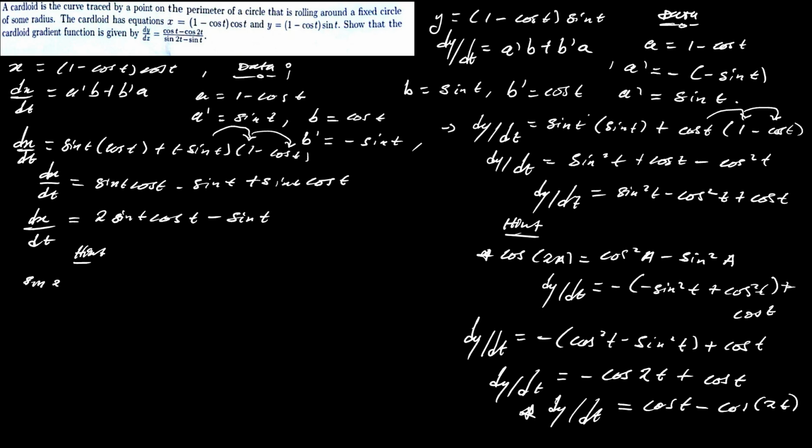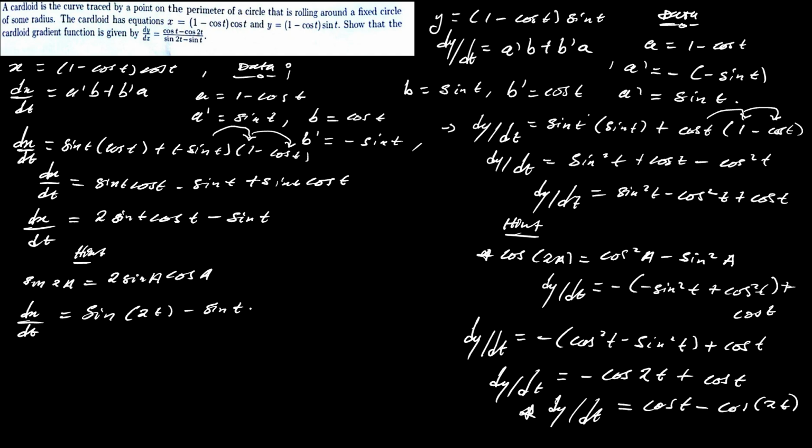Sine 2a is equal to 2 sine a cos a. With that in consideration, the partial derivative of x with respect to t, dx/dt, is equal to just sine 2t minus sine t.